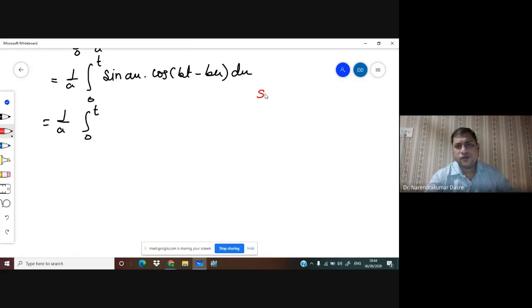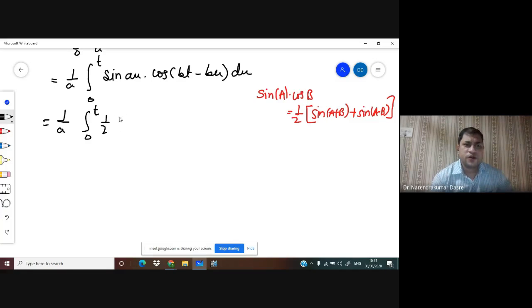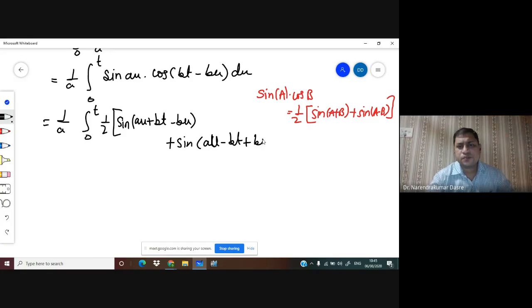So sine A into cos B is equal to half of sine of A plus B plus sine of A minus B. Using this, we are able to write half of sine of au plus bt minus bu plus sine of au minus bt plus bu, and this is du.